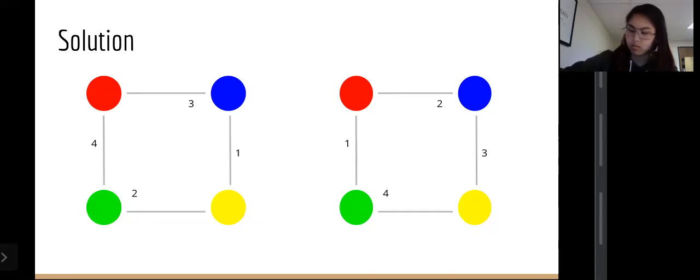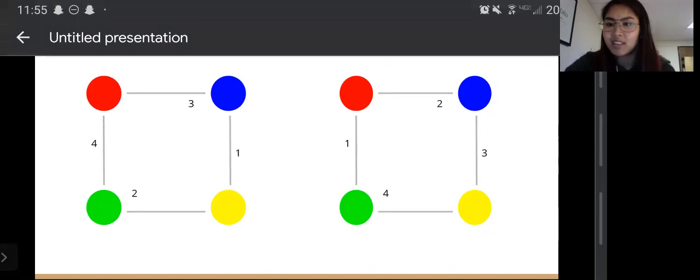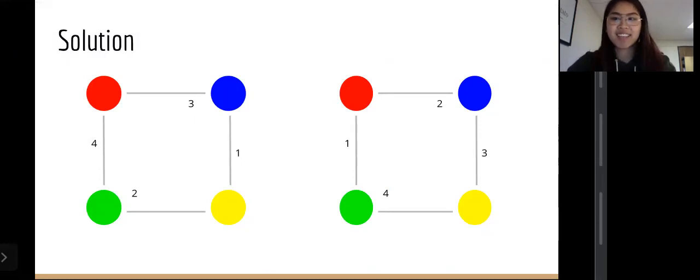Oh, I see what my problem is. I don't see what my problem is. I'm so sorry. But yes, that's the answer. I can't figure out my cubes right now.